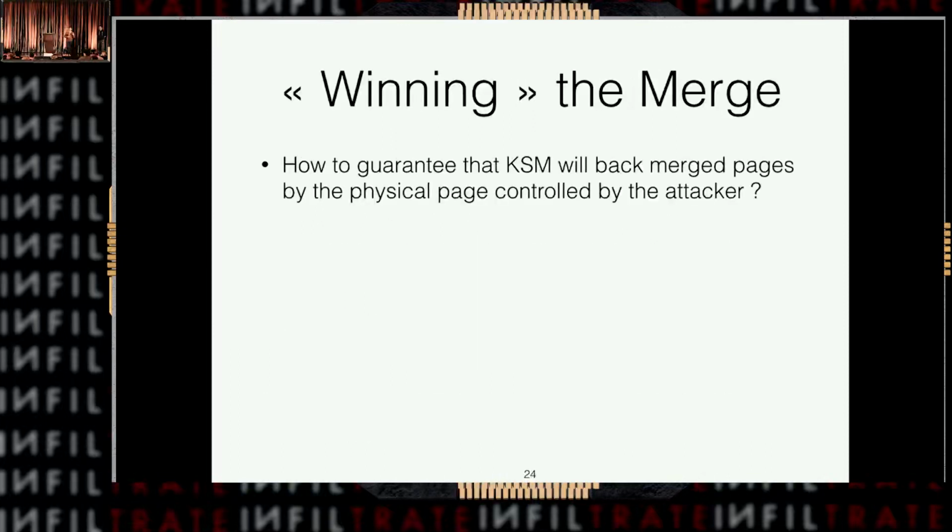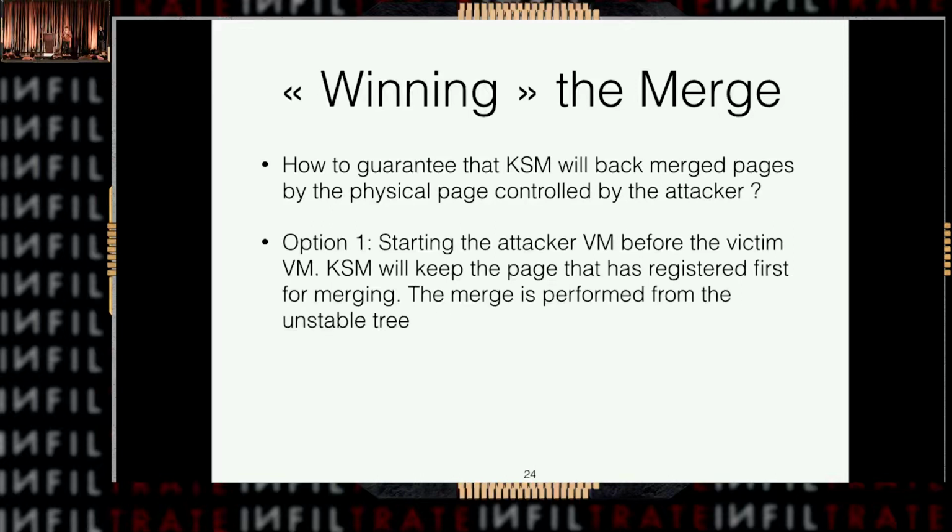So the question is, how can we guarantee that KSM will merge pages back into the physical page controlled by the attacker? To do that, there are two options. One option is obvious, but not realistic: starting the attacker VM before the victim VM. So KSM will keep the page that it has registered before in the unstable tree, and when the victim VM loads, it will just merge it with the page you had in your VM.